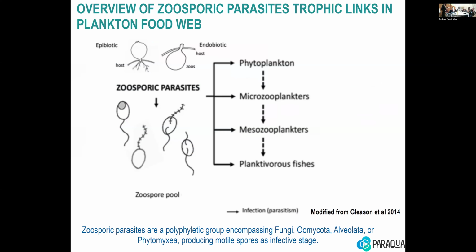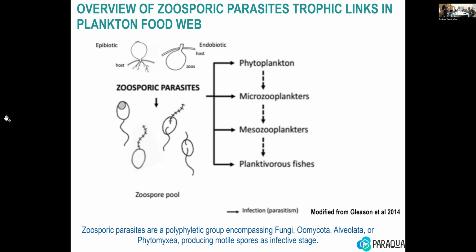So, to focus a bit now, what are the parasite trophic links that we will tackle in this talk? As we had very good information yesterday, parasites are a polyphyletic group, so they encompass different organisms. They can be endobiotic or epibiotic, so endoparasites or ectoparasites.